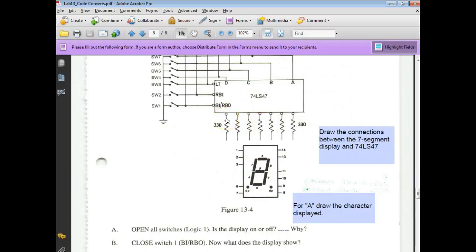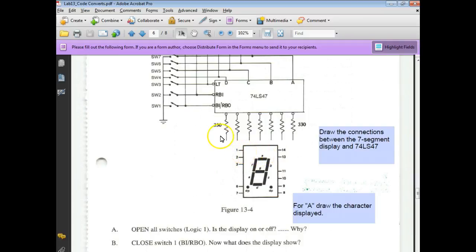By the way, up here you're going to have to name these A, B, C, D, E, F, G. You don't have to put them in order. What you need to do is put them in an order to hook up to the 7-segment display real easy, without crossing lines all over the place. So what's pin 1 on the 7-segment display?